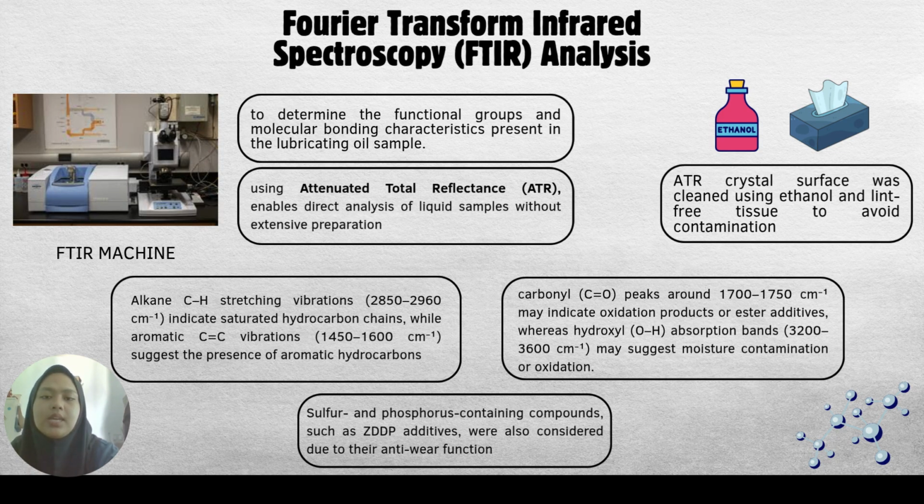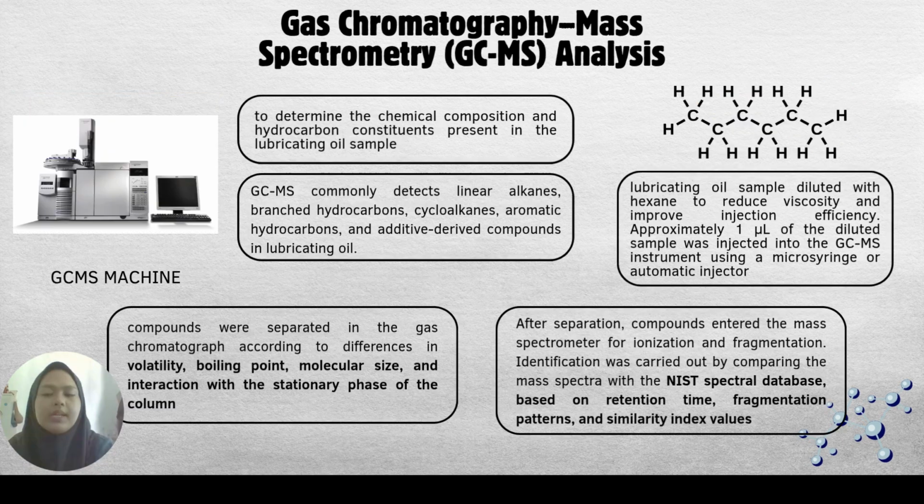Additionally, carbonyl C=O peaks around 1700 to 1750 cm⁻¹ indicate oxidation products or ester additives, whereas hydroxyl O-H absorption bands at 3200-3600 cm⁻¹ may suggest moisture, contamination, or oxidation. Sulfur and phosphorus-containing compounds such as ZDDP additives were also considered due to their anti-wear function.